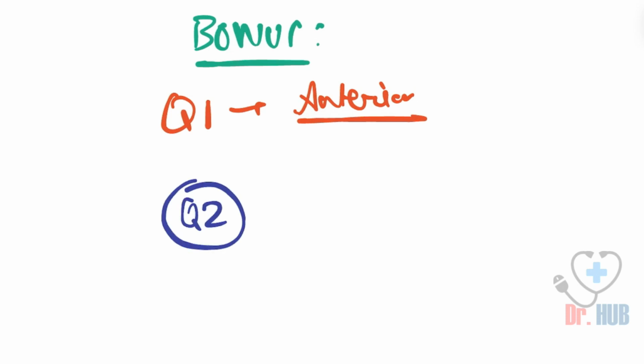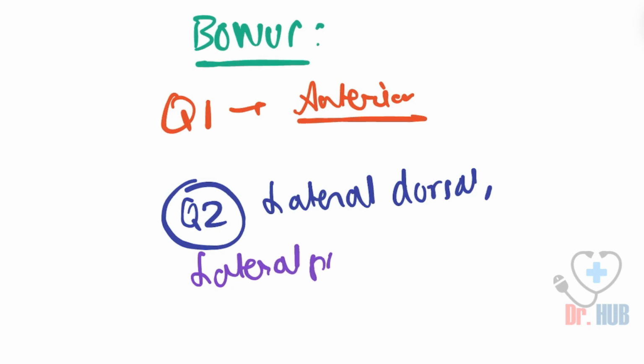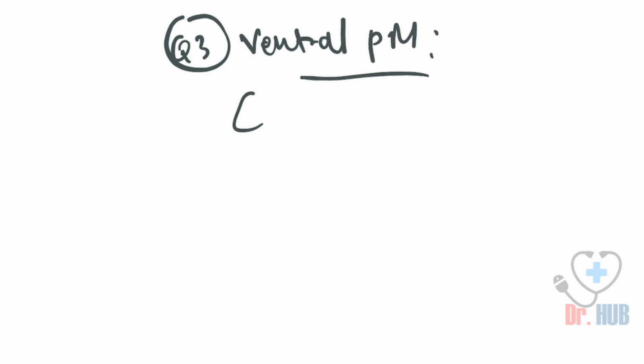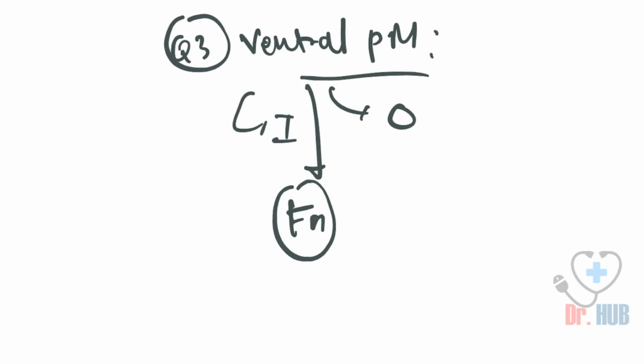The second question is, what is the input, output and function of the lateral dorsal, the lateral posterior and the pulvinar? Question 3 is, what is the ventral posteromedial? We want to know the input, the output as well as the function of the ventral posteromedial. These can be answered in the comments.